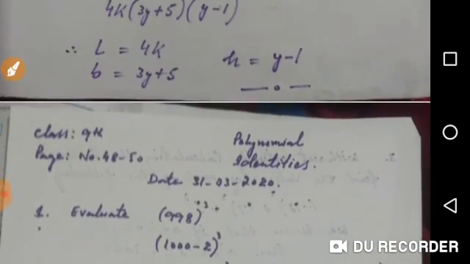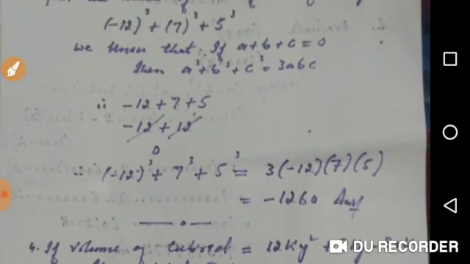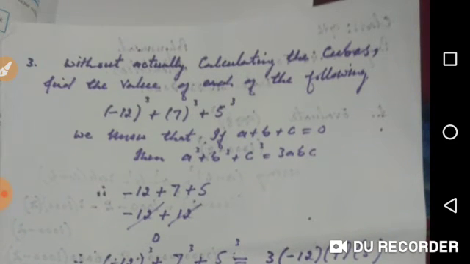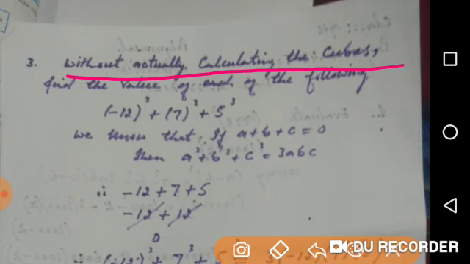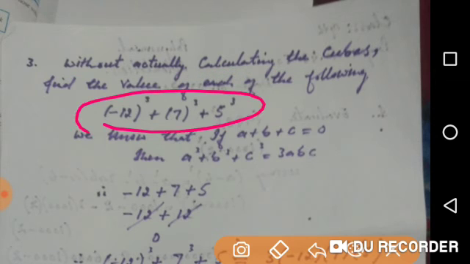one more question I have given here which will make you understand how to apply the identity for a particular question. So the question is, without actually calculating the cubes, find the value of the following. So look here, we have been given minus 12 cube plus 7 cube plus 5 cube, and we are being told to evaluate it without multiplying or calculating the cubes directly.